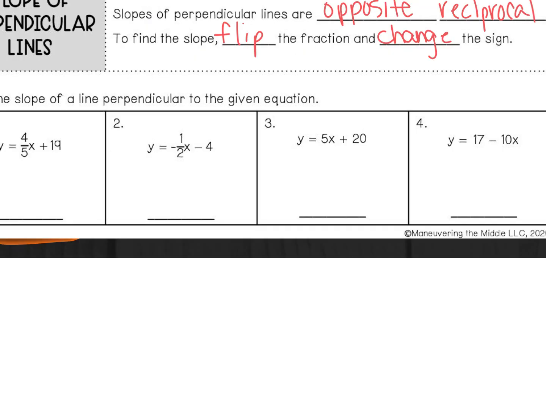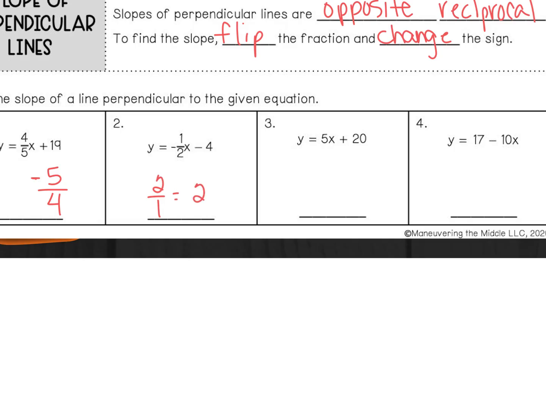What is the slope on number 1? The original slope is 4 over 5, and so we need to flip it. What happens when we flip it if we're going to write it perpendicular? 5 over 4 and negative, just like that. What about number 2? 2 over 1, positive. You can write 2 over 1, or you can also just write 2. I would take either.